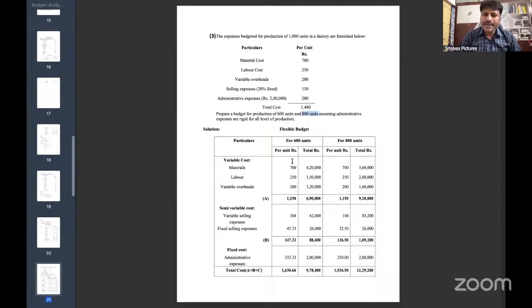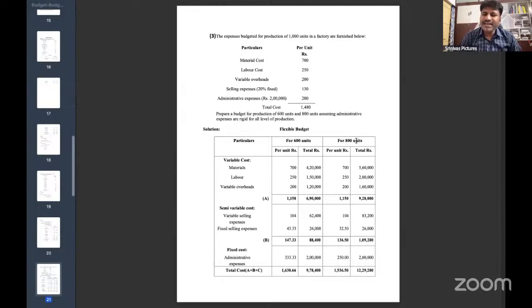So same, 600 units. How much material? Per unit material cost they given 700. Sorry, actually the 700 they given per unit cost. So 1,000 into 700 is for 1,000 units. Now we are calculating 600 units. 600 into 700, 4,20,000. 600 into labor 250, 1,50,000. 600 into 200, that is 1,20,000.